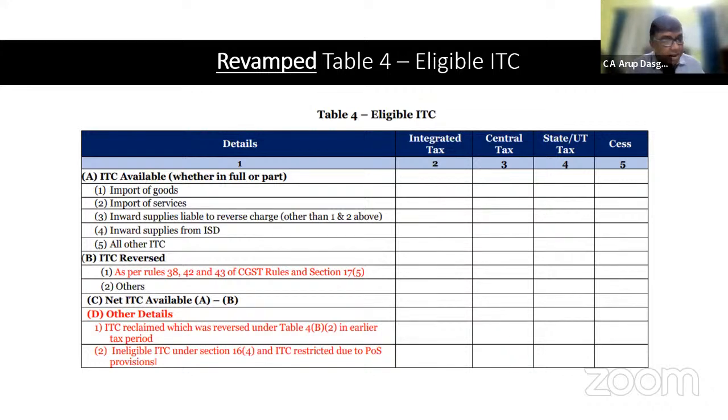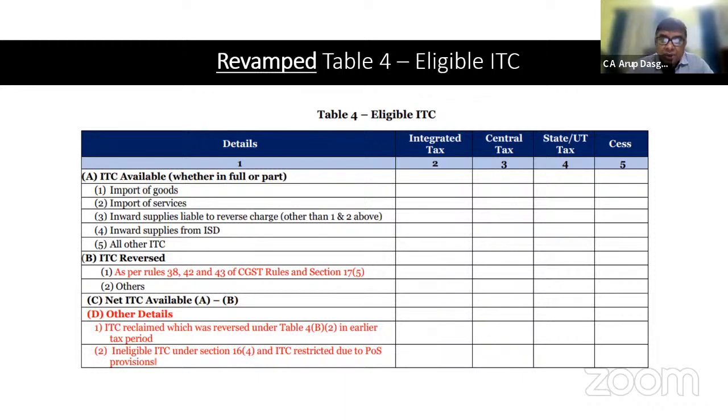Friends, please remember, I'm fighting some of the show cause notices wherein large amounts of ineligible ITC was not disclosed by the taxpayers.